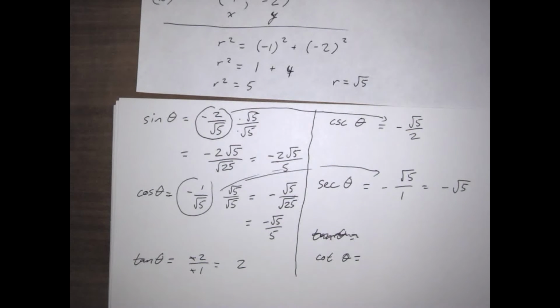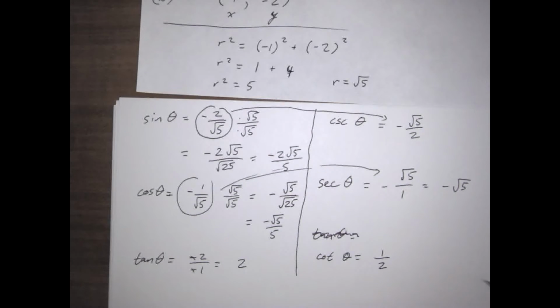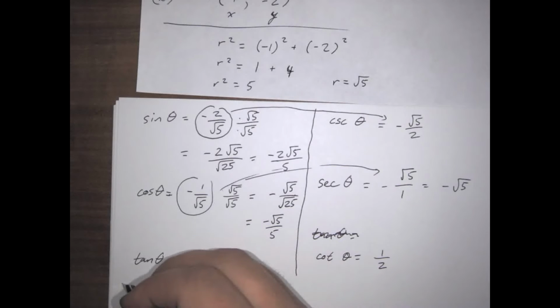So take the reciprocal of the tangent, and that's going to be 1 over 2 instead of 2 over 1. So the reciprocal of 2 is a half. Alright, so there are sometimes things you can do here, such as this, to save yourself a little bit of the grunt work when you're out in the field.